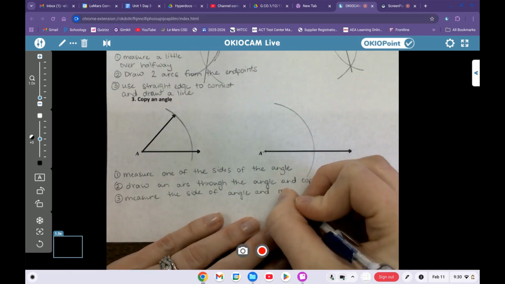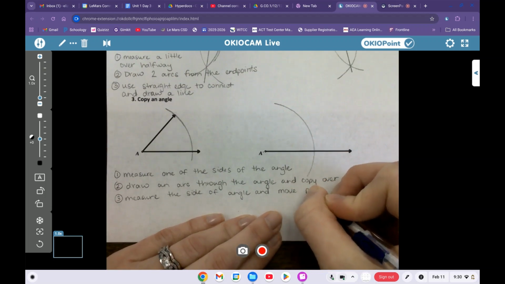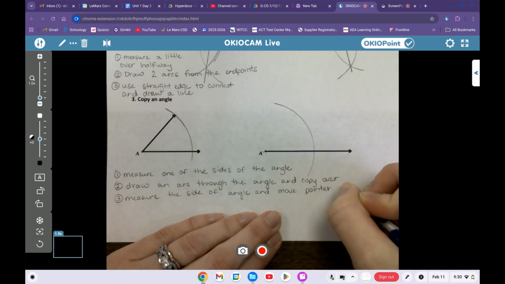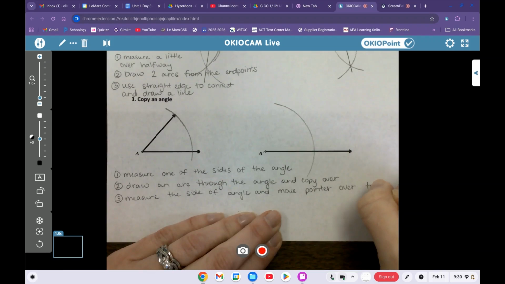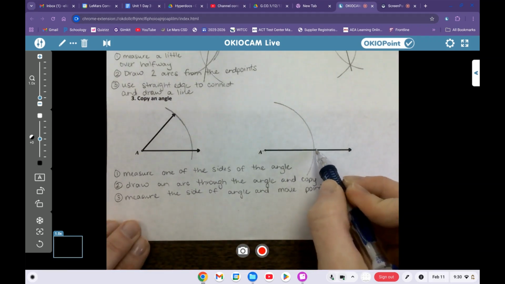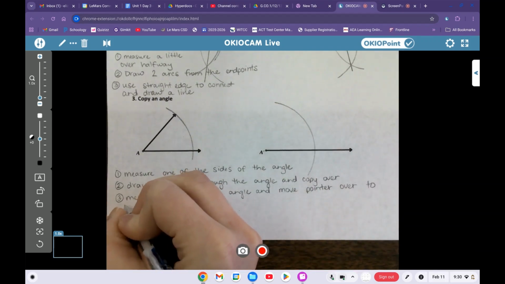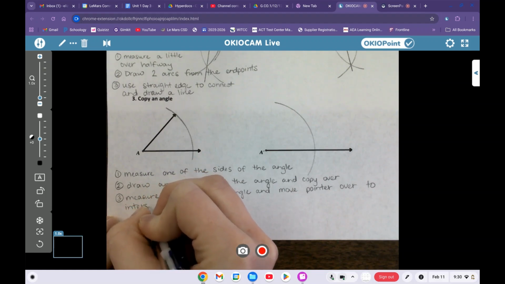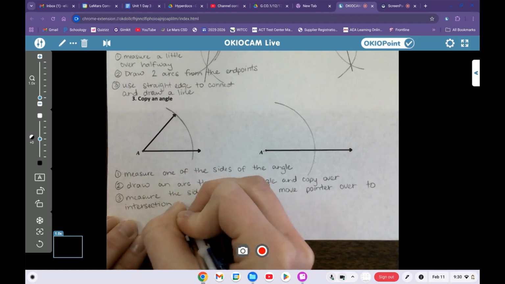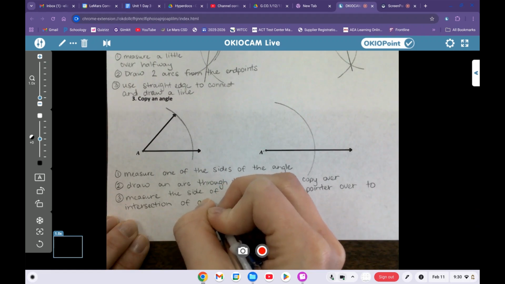And I'm going to move my pointer over to this intersection point here. So over to intersection of arc and line.